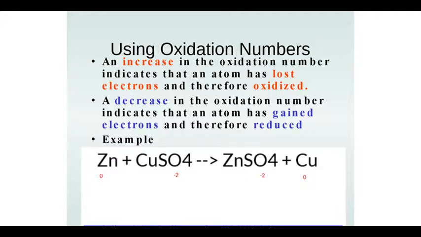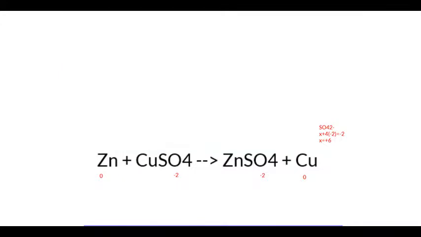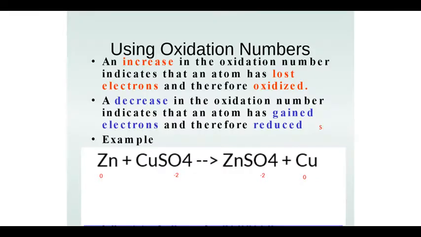As we do that, recall that you can pull out single polyatomics. So here is our polyatomic. Oxygen is usually -2. Recall that this has a 2- charge, so it's going to be X plus 4 times the -2. And recall that 4 is because there's a 4 subscript in sulfate, and that is going to be equal to the total -2 charge.